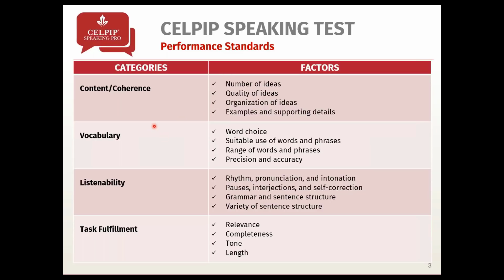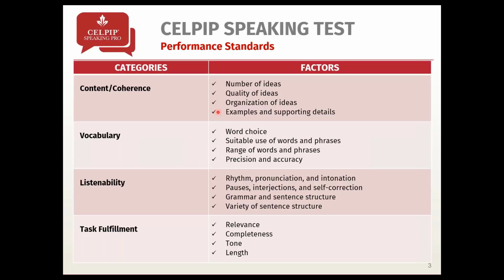So vocabulary, of course, is all about your word choice, and hopefully you are able to access suitable words and phrases for the topic you're speaking about. In addition, if you're going to repeat some key ideas, hopefully you can rephrase them. So say them again in a different way to demonstrate your range of words and phrases.